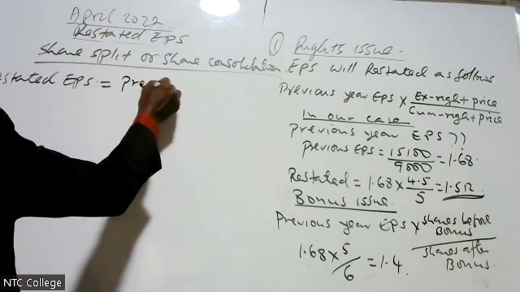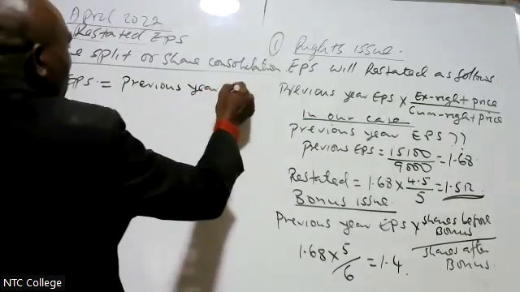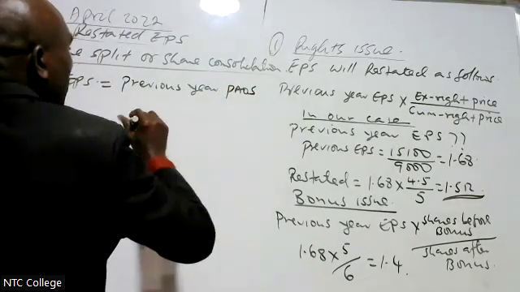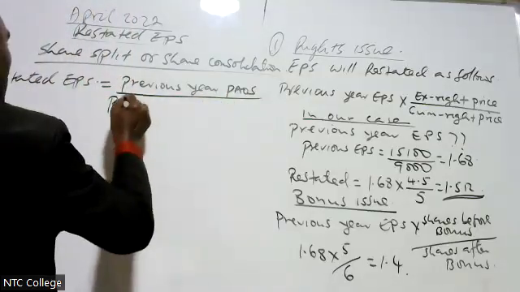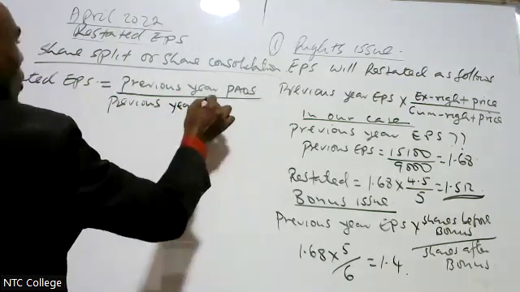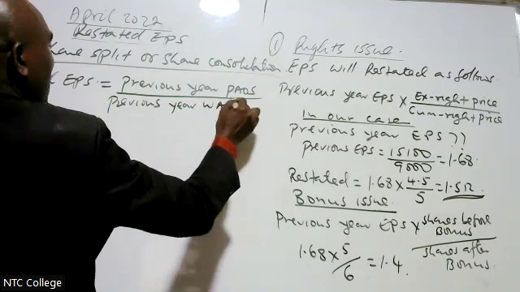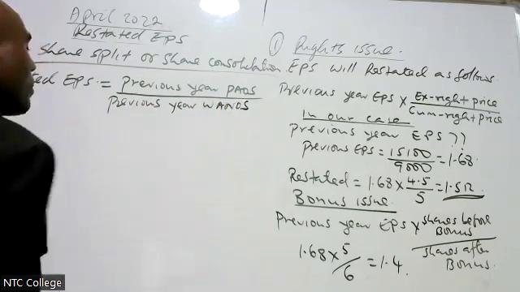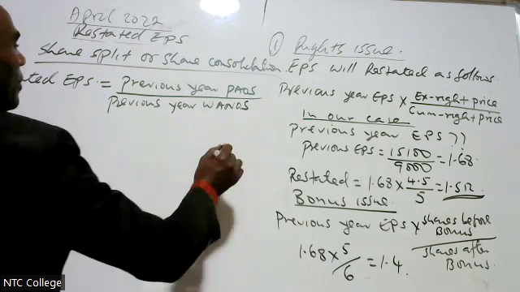previous year powers divided by previous year one-offs.